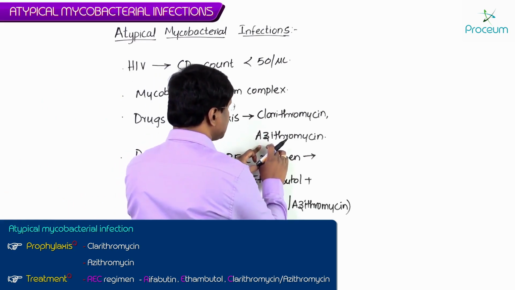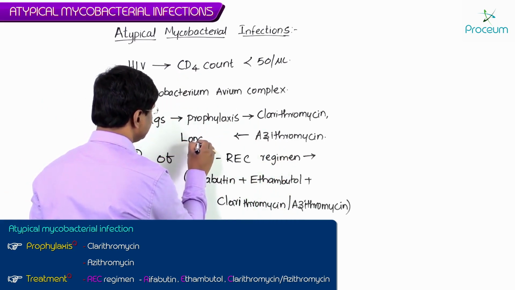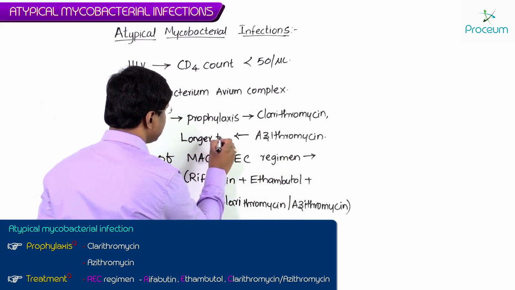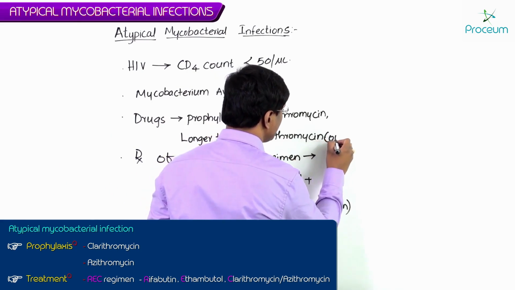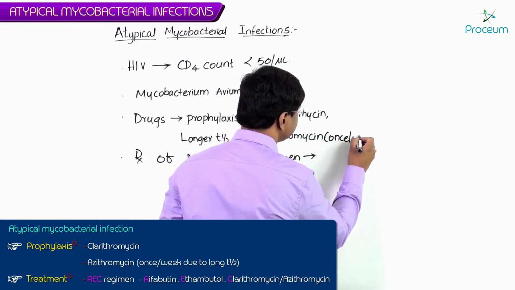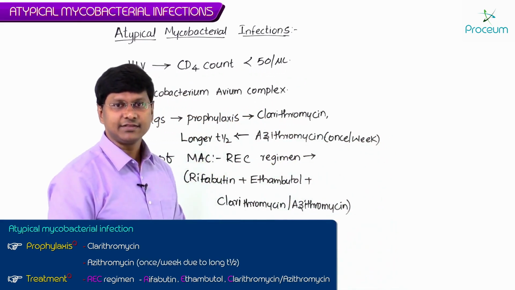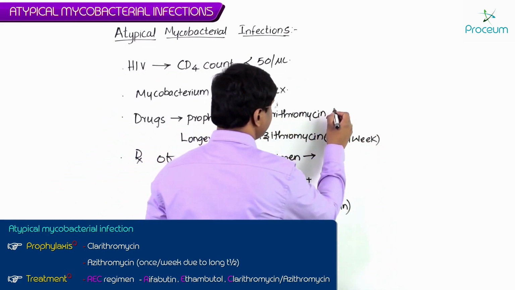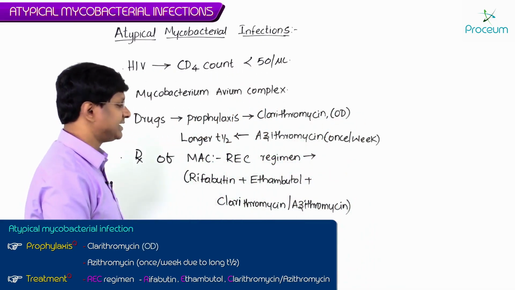Azithromycin has a longer half-life, so you use it once per week, whereas clarithromycin is used once daily.